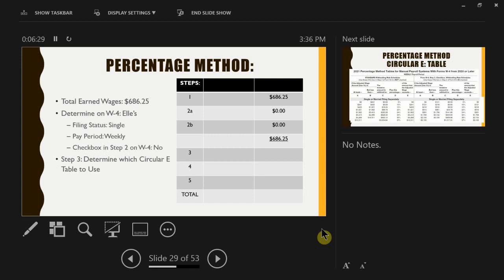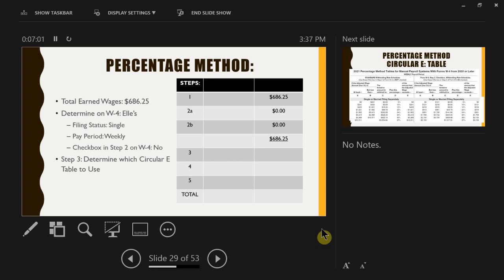So now we have to determine the next thing, which is the filing status she's claiming and the pay period, and which bracket she belongs in, with the little thing here where it asks, did you check mark step 2 in your W-4 form. Once again, that little check mark just tells you whether this income is from your spouse or not.